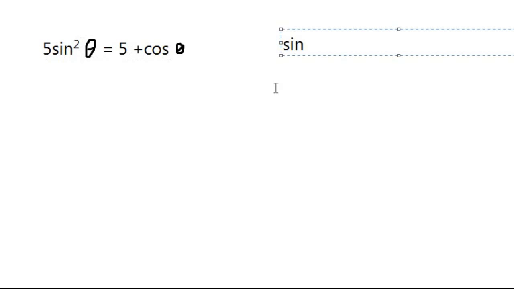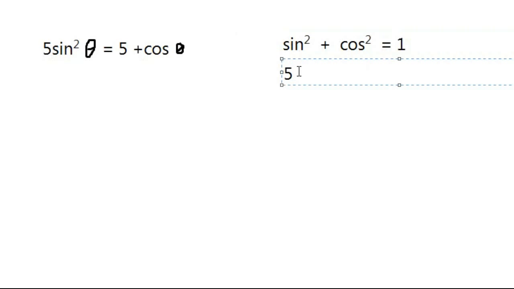So sine squared plus cos squared is equal to 1. And we have 5 sine squared, so you multiply the whole thing by 5 and you get 5 sine squared plus 5 cos squared is equal to 5.